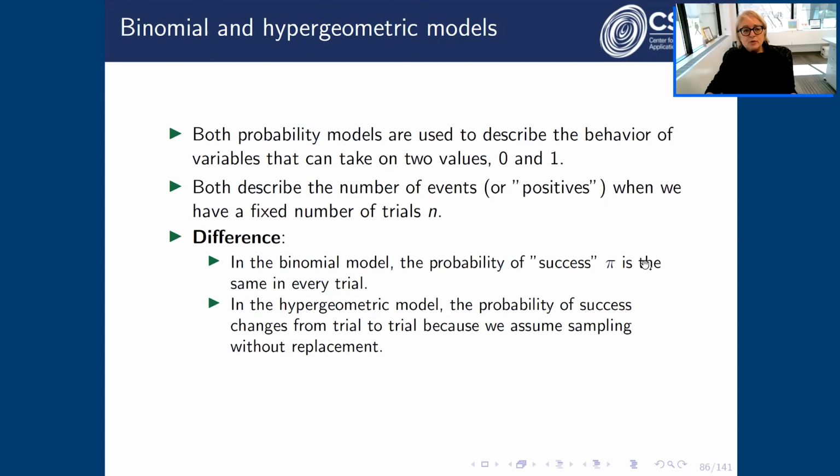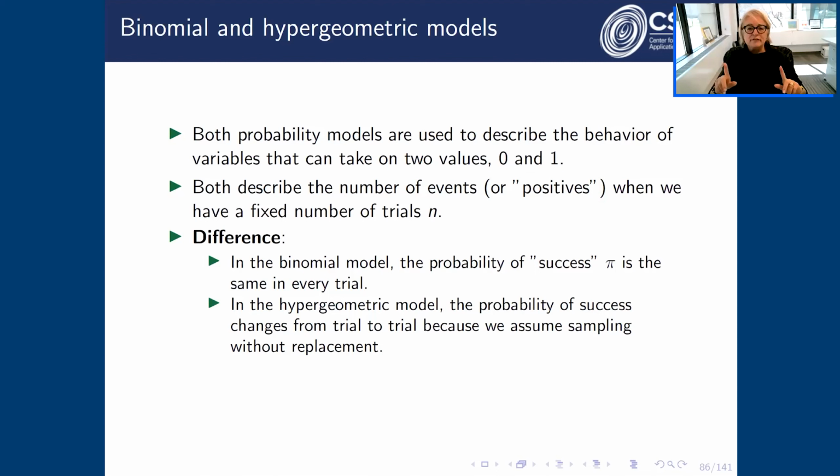To contrast these two approaches, both the binomial model and the hypergeometric model are used to describe the behavior of a random variable that can take only two values: positive, negative, 0, 1, whatever. Both describe the number of positives that I can observe when I have a fixed sample size equal to n.